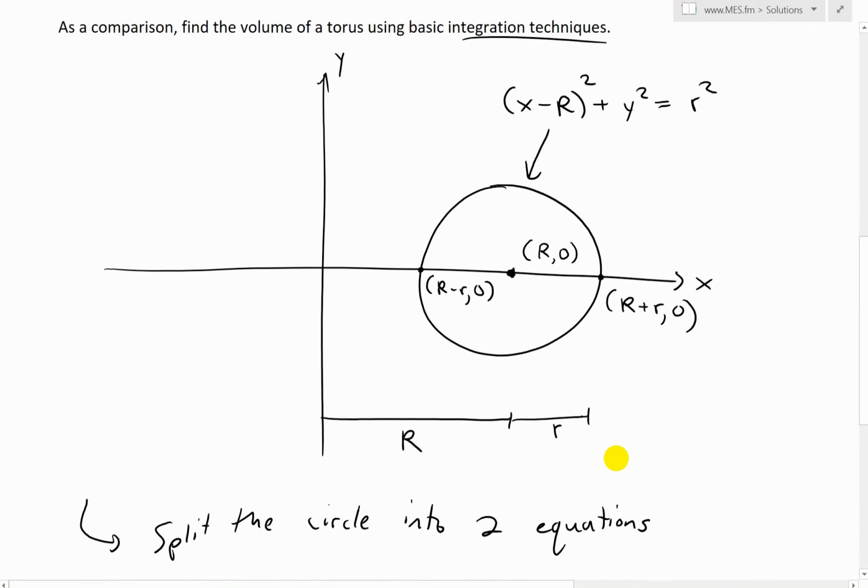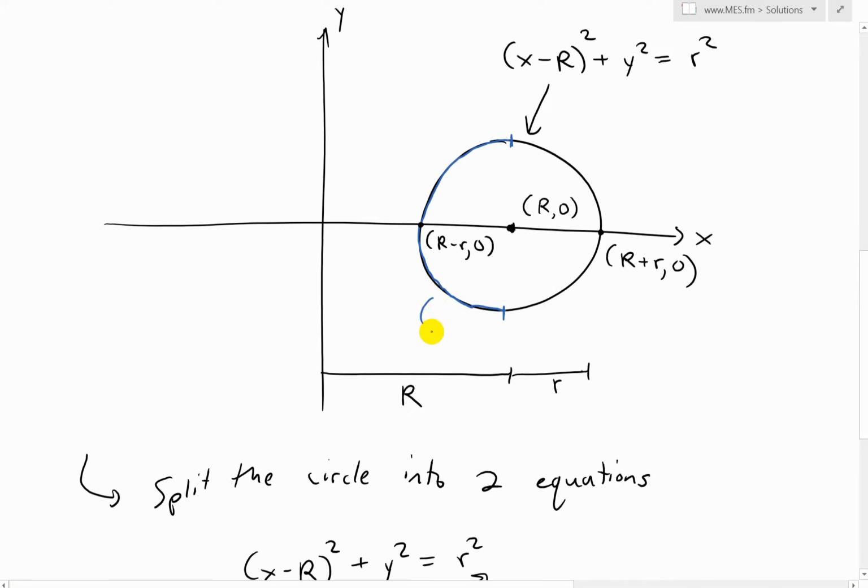Yeah, and I'll just write that down here. So this left side is going to be like that. This left side has the equation. We'll call this x equals g of y, and then the right side is x equals f of y.